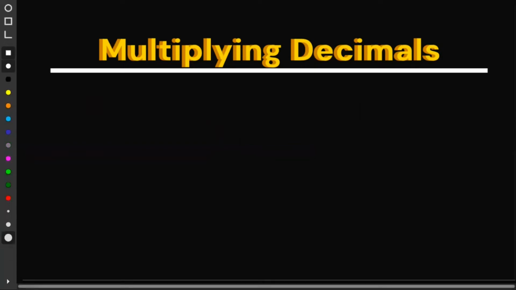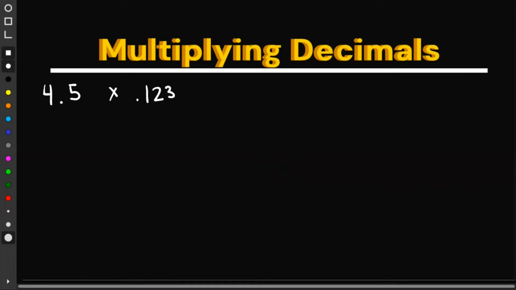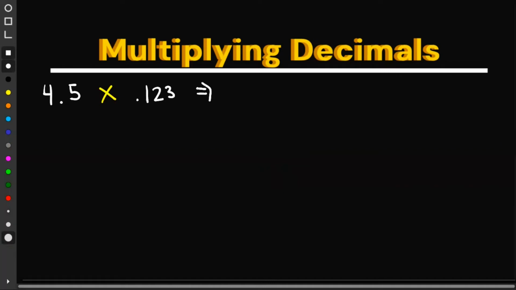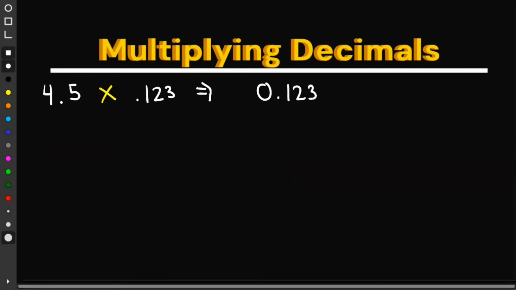Now let's try this one. If we have 4.5 times 0.123. If we try to multiply that, let's put this one, 0.123, and 4.5.